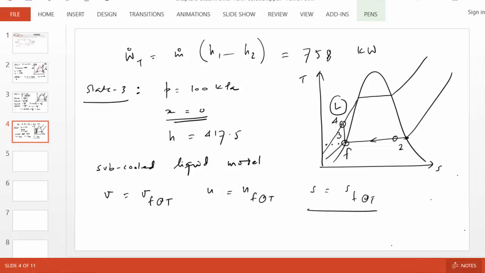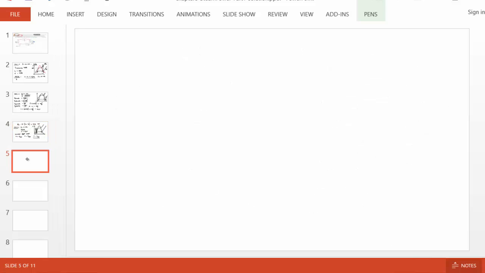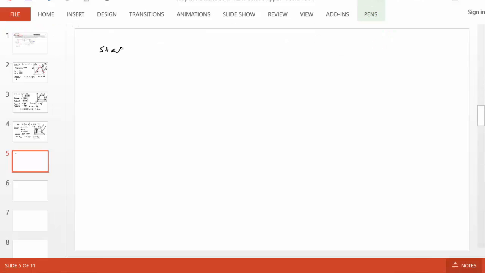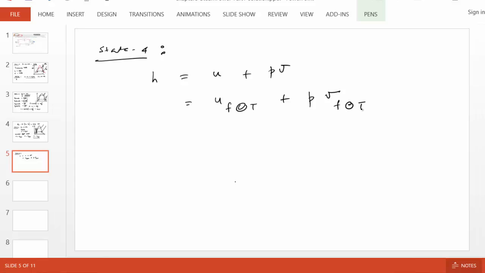So to find enthalpy at 4, what should we do? To find enthalpy at 4, we know that enthalpy depends on U plus PV. And we know U is a function of temperature alone, and P times V, which is a function of temperature alone.